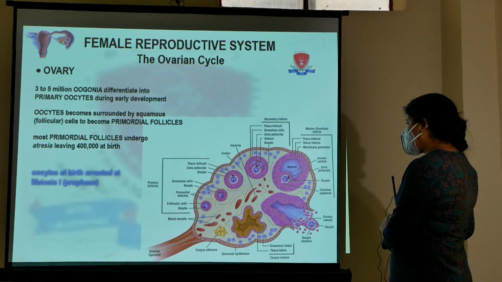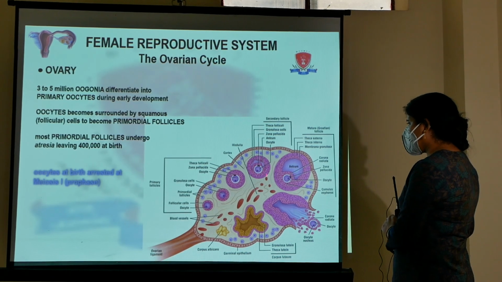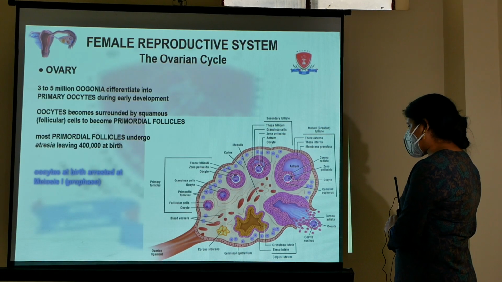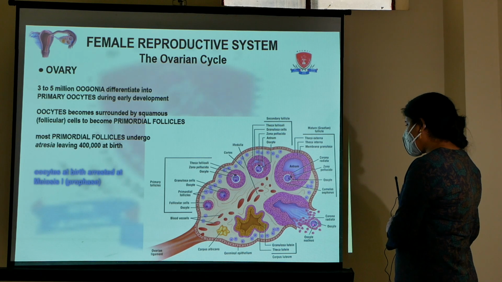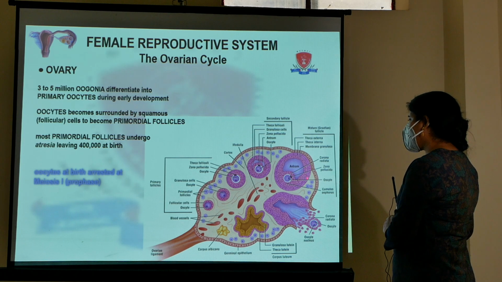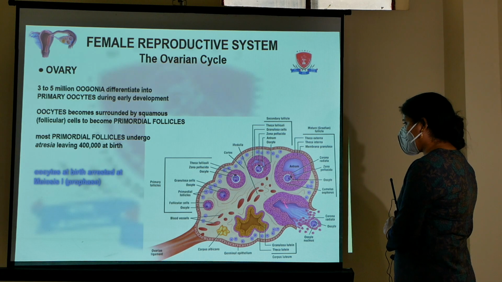The meiotic division first has completed and it has become a haploid nucleus. So this oocyte nucleus is haploid, ready to get fertilized. It is released from the ovary, and this release of the ovum takes place on the 14th day of the ovarian cycle.